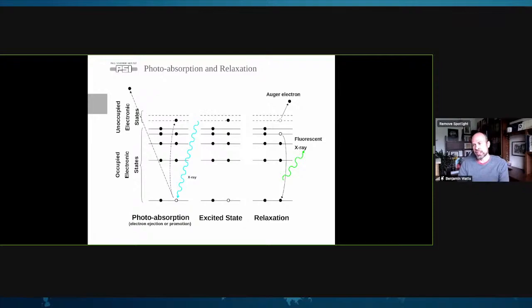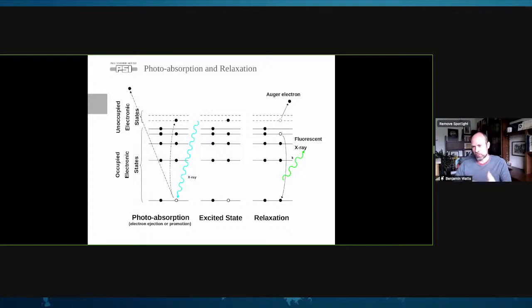But you can also get an electron promotion. So it moves from this 1s state up to an unoccupied state. And then this leaves the atom excited, and then later an electron can fall into that core hole that's left behind, and the energy that's left over is given to either a fluorescent X-ray or an Auger electron.